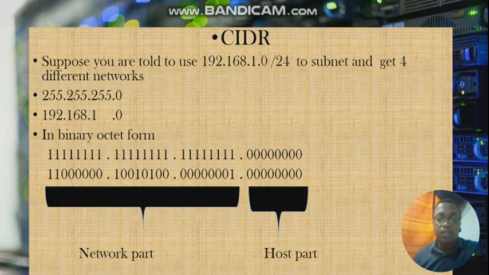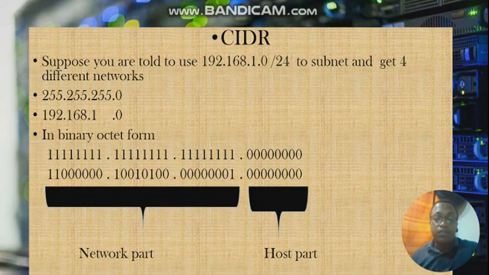Now, classless interdomain routing. Suppose you're told to use 192.168.1.0 with a prefix of 24, that is the network, and you're told to subnet this network to get 4 different networks from this.